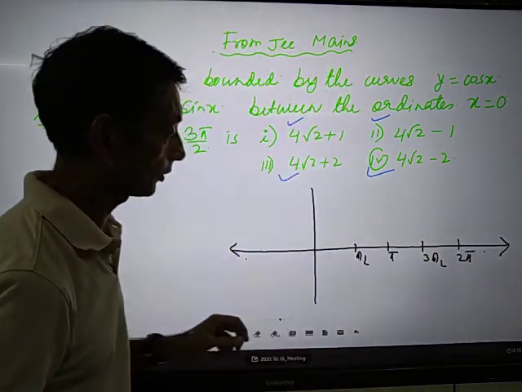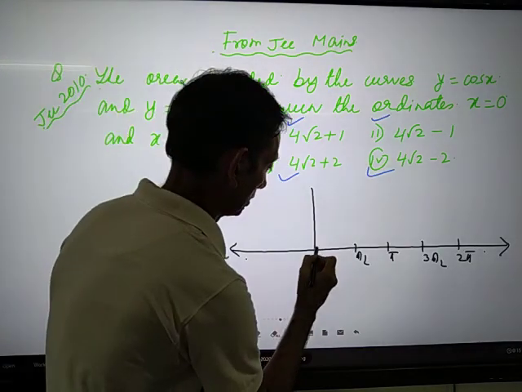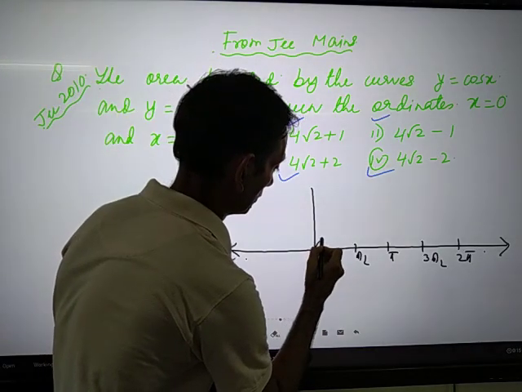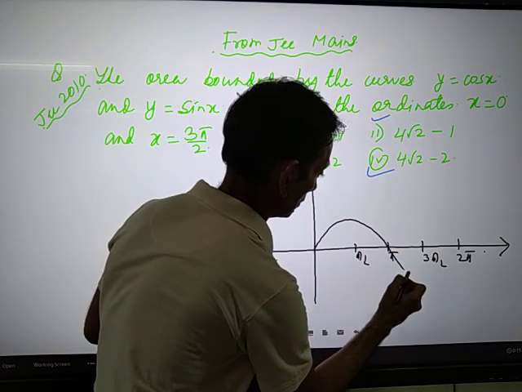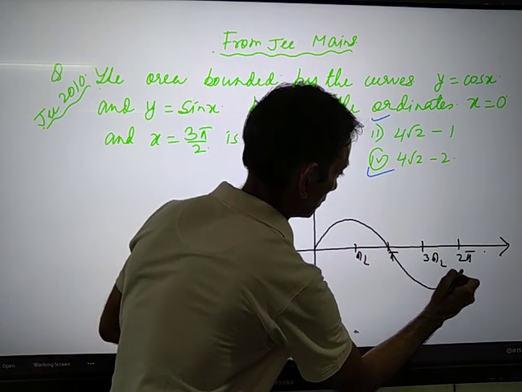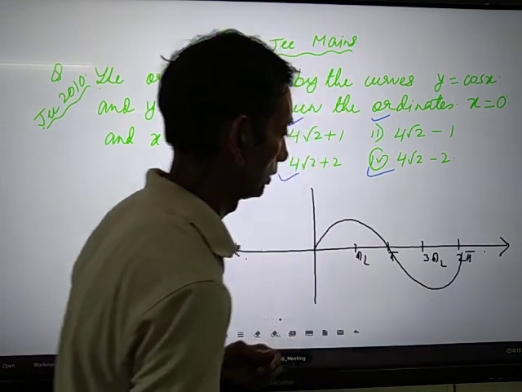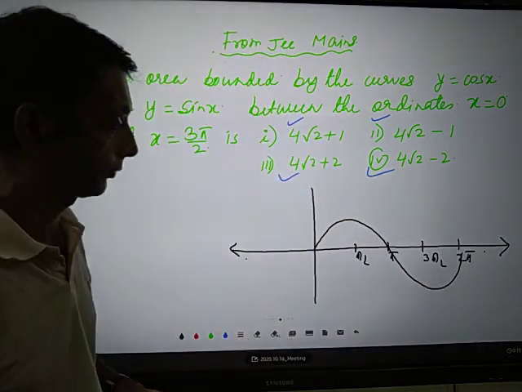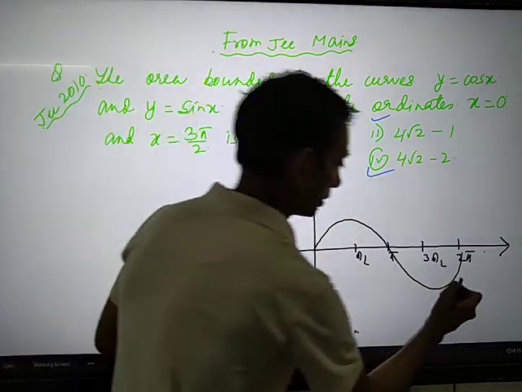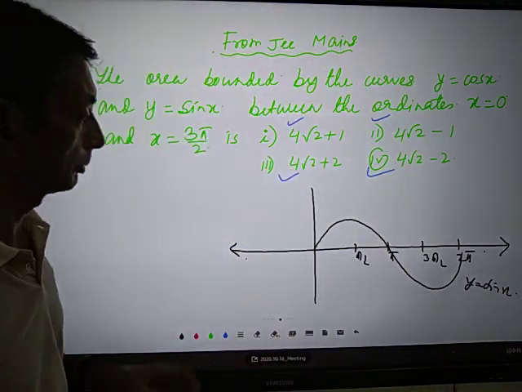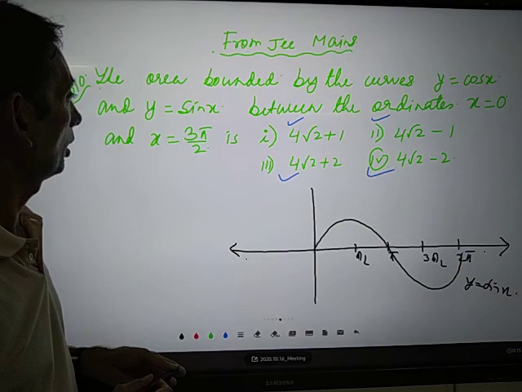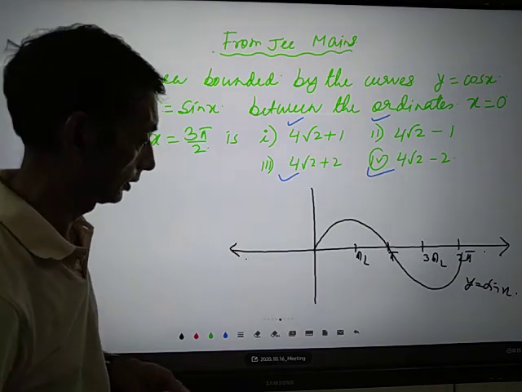We'll draw the graph of sin x first, and then we'll draw the graph of y equals cos x.